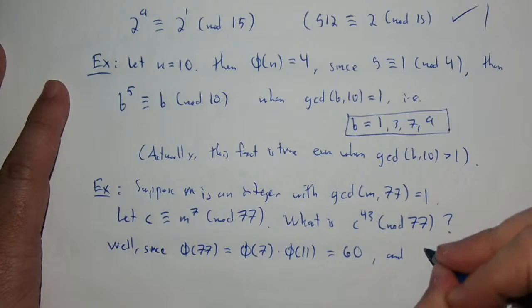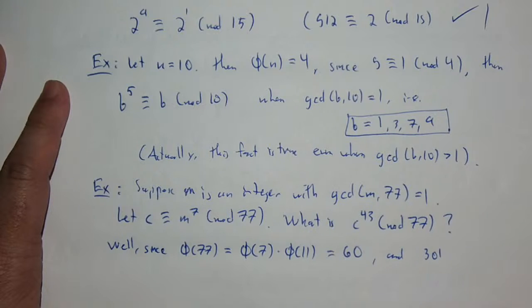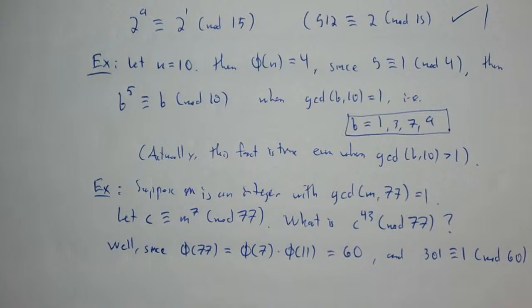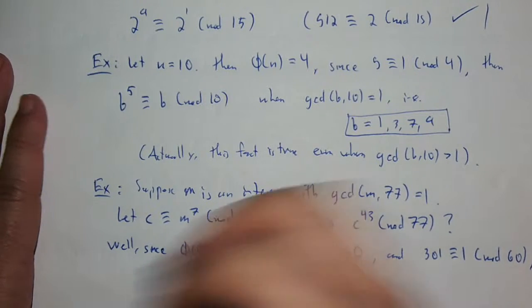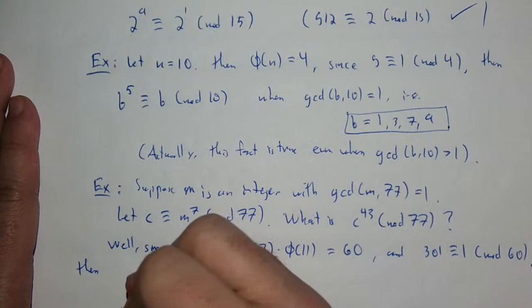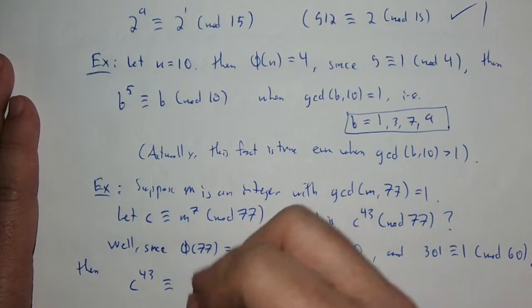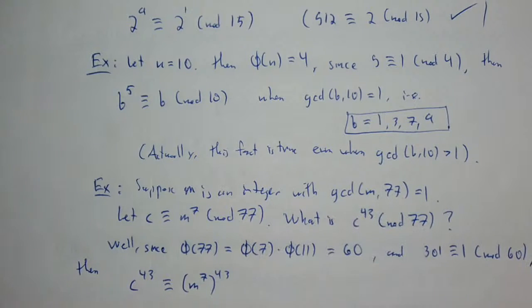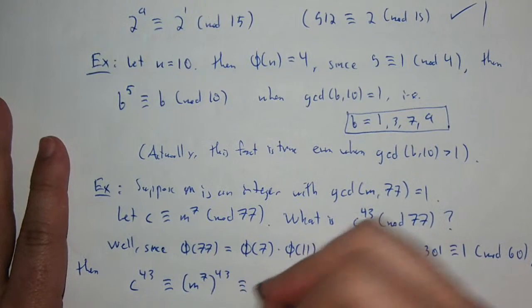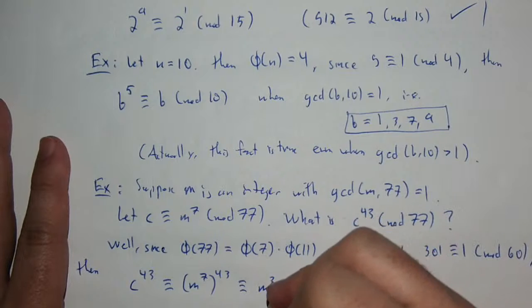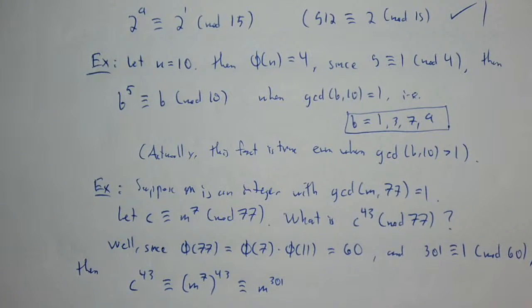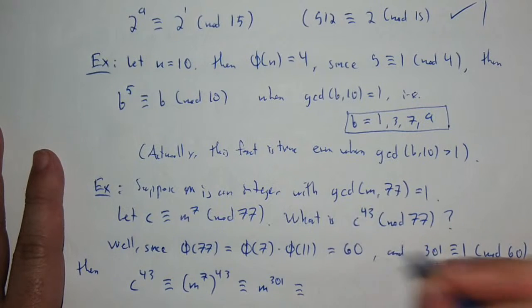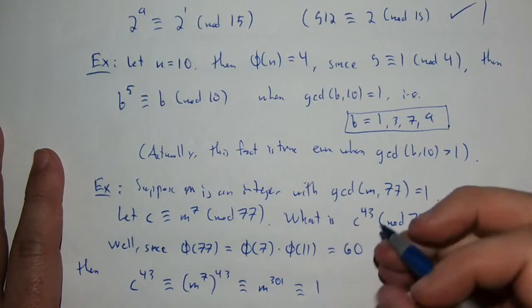And 301 is congruent to 1 mod 60. Then C to the 43 is congruent to m to the 7 to the 43, which is congruent to m to the 301, which is congruent to 1 mod 77.